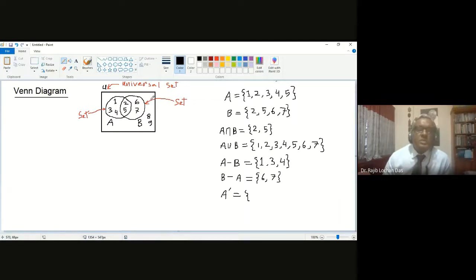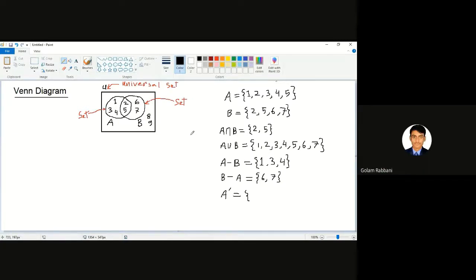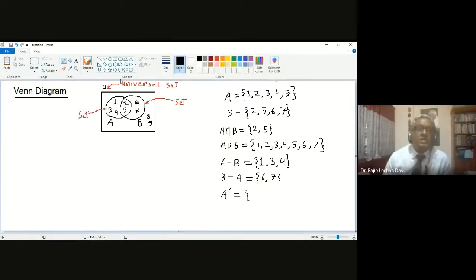Yes, 6, 7, 8, 9, sir. Yes, it is correct. 8, 9 alone is not correct. It is 6, 7, 8, 9, because you are out of the circle A. But maybe inside B, that is not a problem.